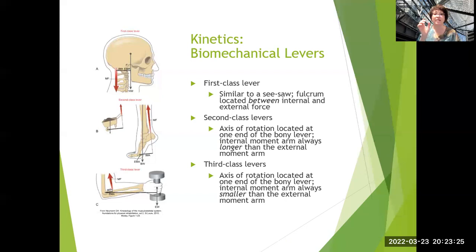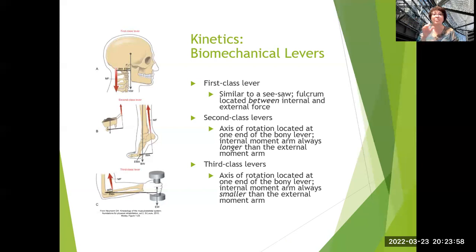So the load is in between the force and the axis. In the teeter-totter, the load and the force are on either side of the axis. And second class levers are the power levers. They're the ones that give you not a lot of motion, but a lot of strength.